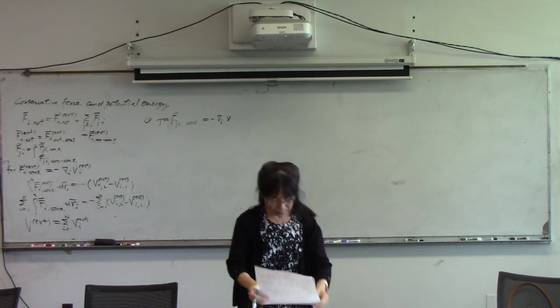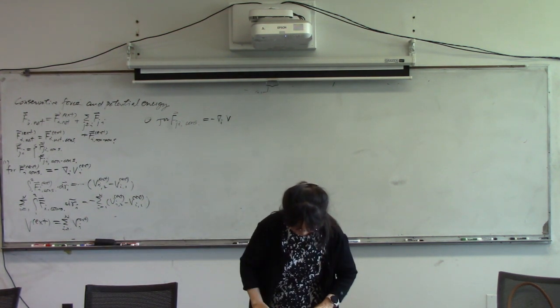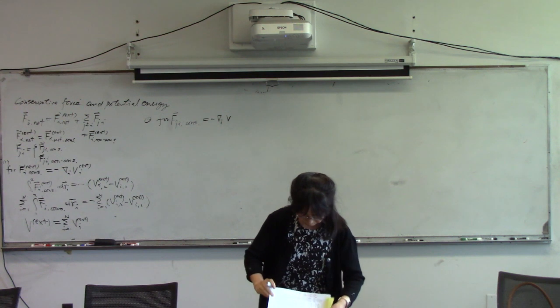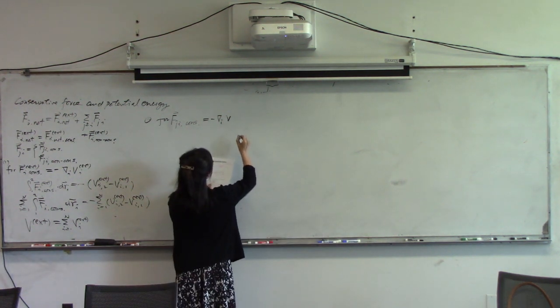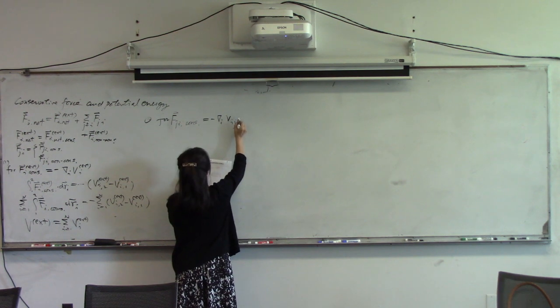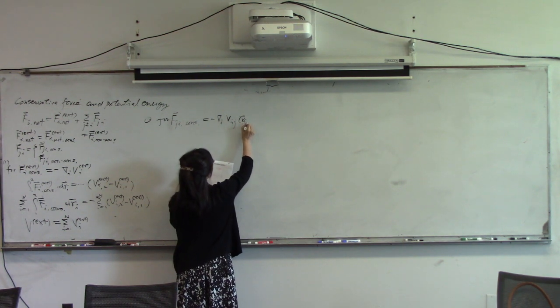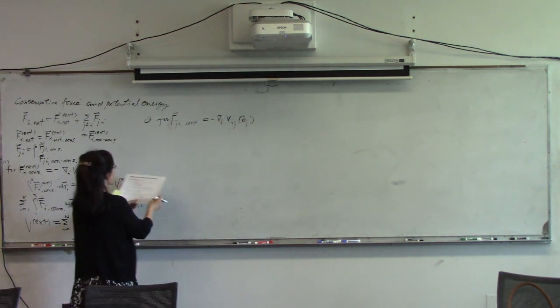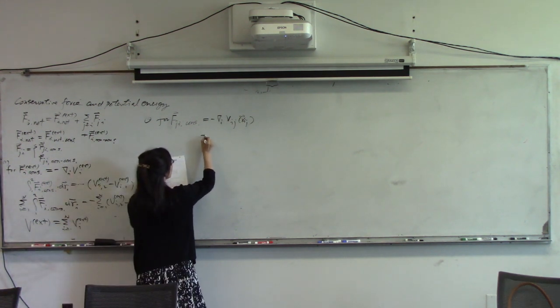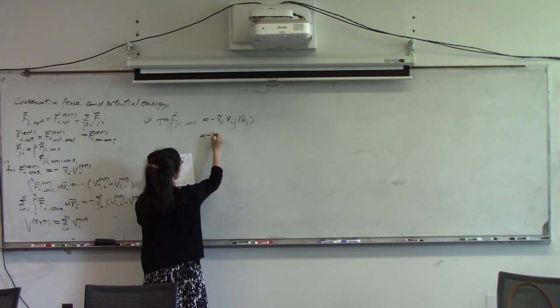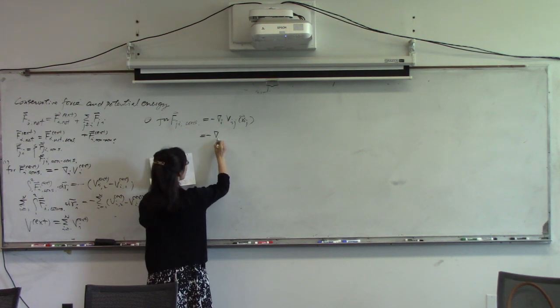I'll just summarize the end of last class, then we can keep continuing. So here, just to remind you where we are from last time. Okay, here we already proved that.